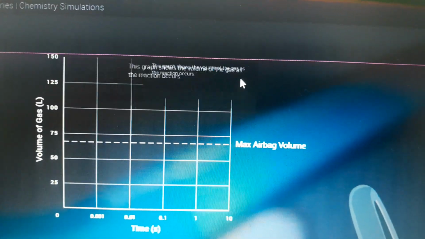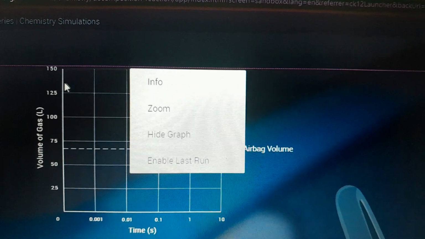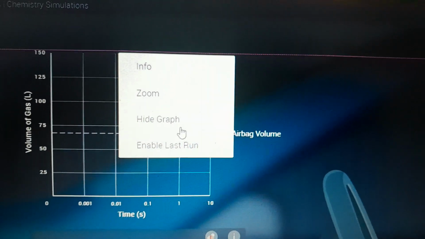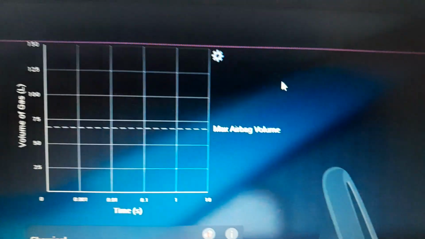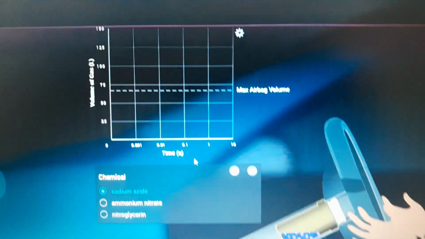You can zoom in, so this graph would appear on a much larger scale, however the simulation won't run. You can hide the graph as well. The raster run option is so that you can compare the two graphs that will be plotted here.